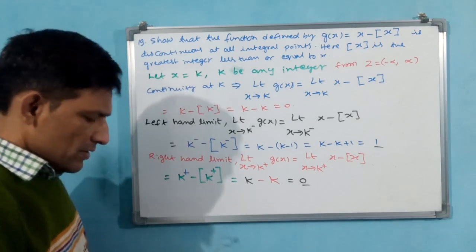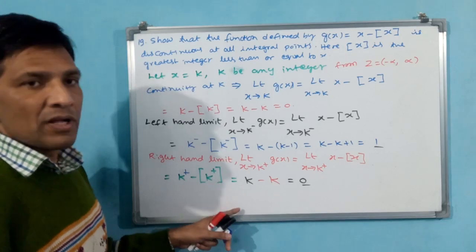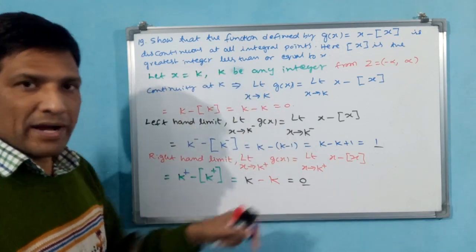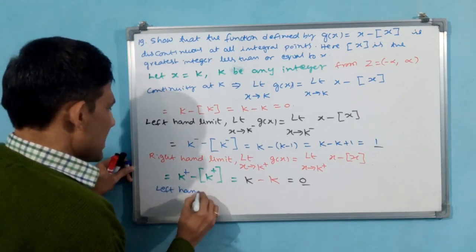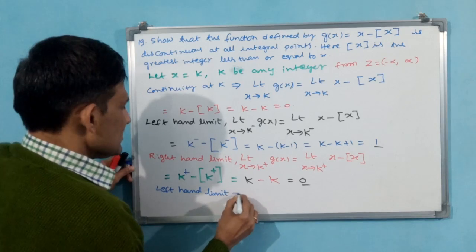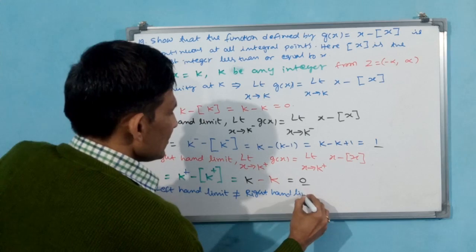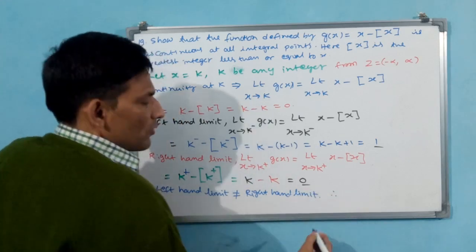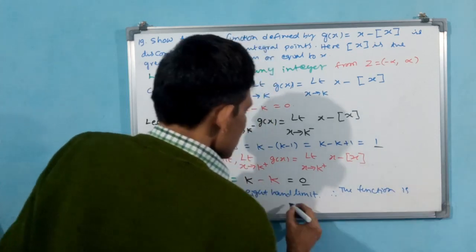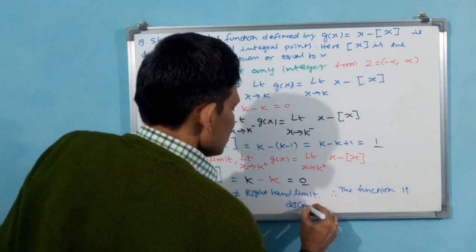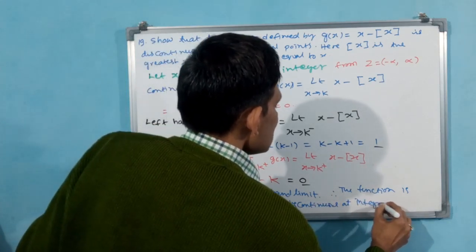So now what are we going to write? We are going to write like this: left hand limit is not equal to right hand limit, comma, therefore the function is discontinuous at integral points.